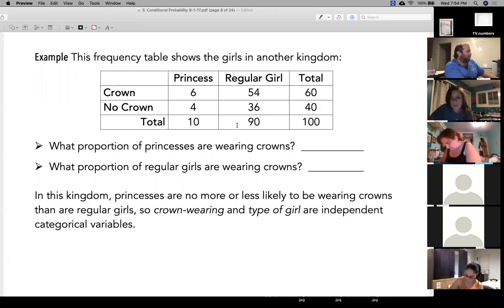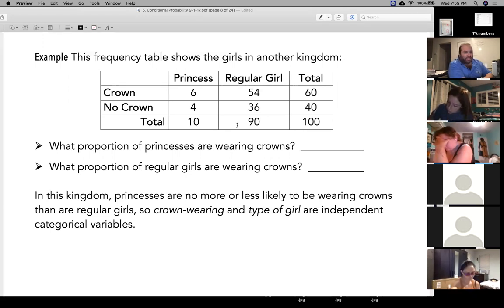Now, mathematically, 54 out of 90 as a decimal is what? 60% or 0.6. Even though the numbers are much different, because of course we have a lot more of them, we see that mathematically the percentages are exactly the same. Correct? And that's just what the math gives us, right?